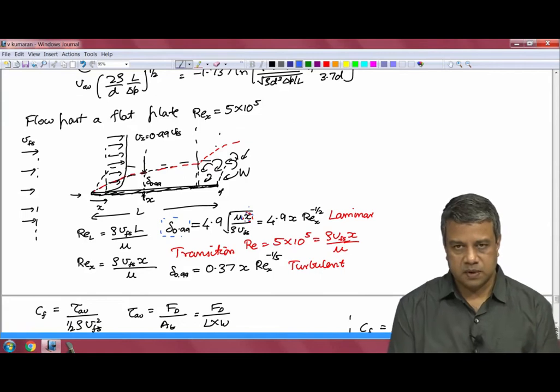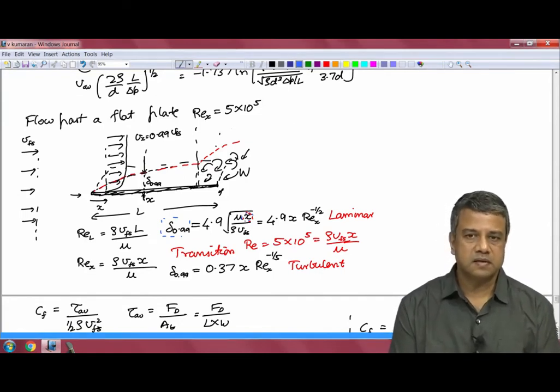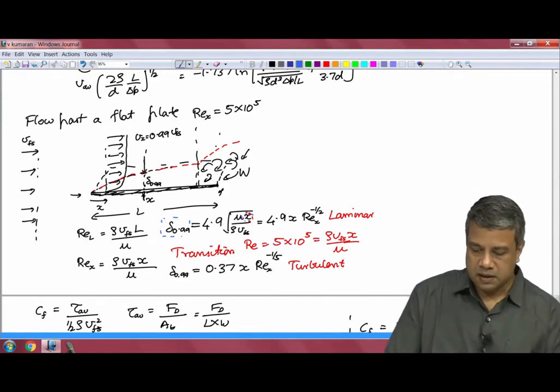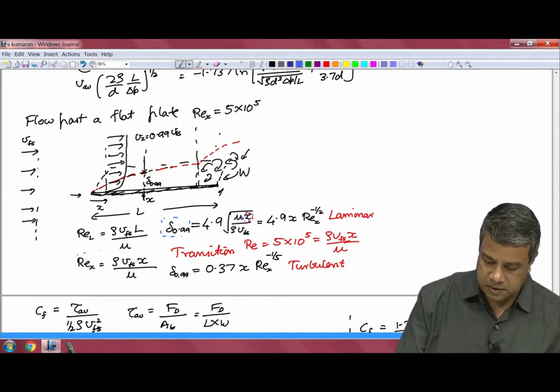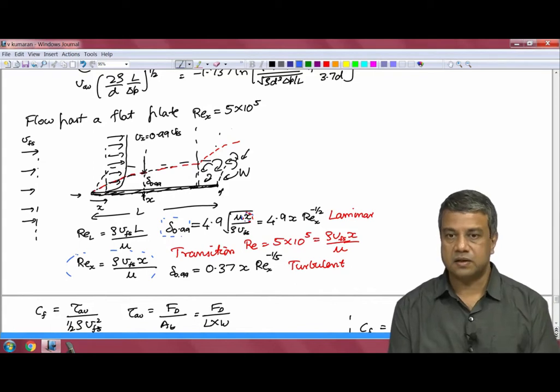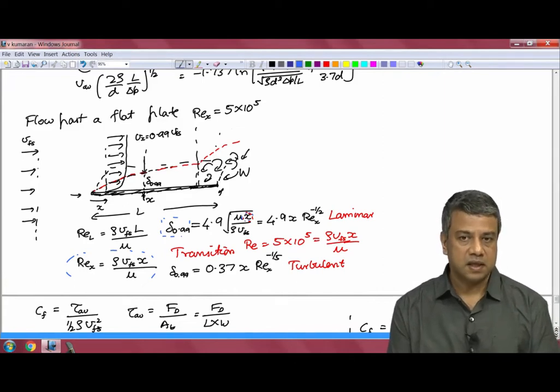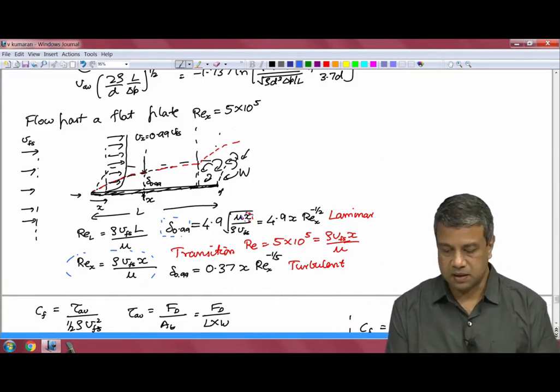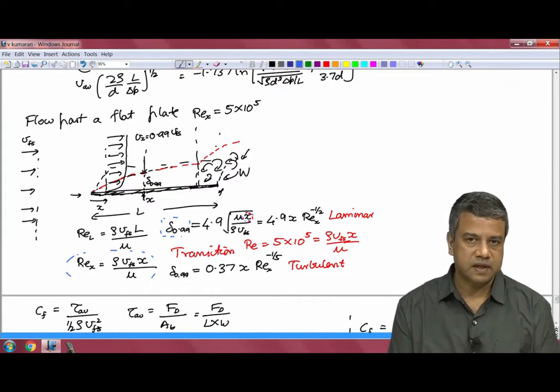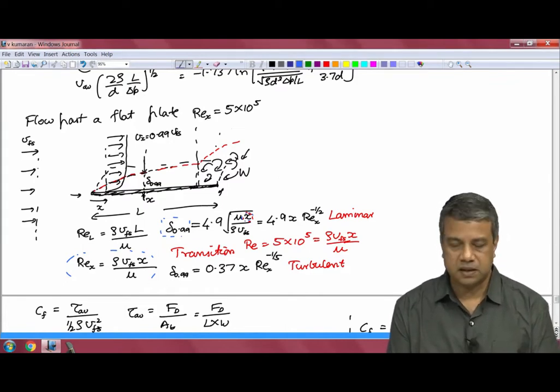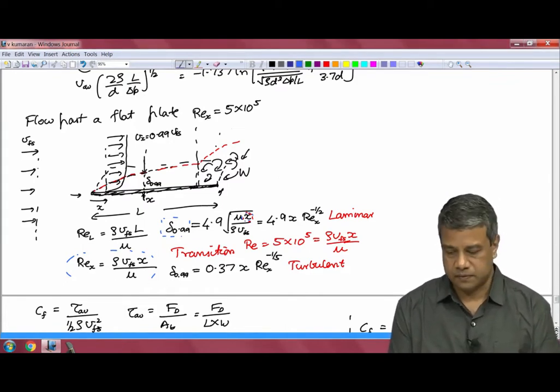The Reynolds number is based upon the distance from the upstream edge of the plate, x, not the total length of the plate. When the Reynolds number based upon the distance from the upstream edge exceeds a critical value, in this case 5 times 10 to the power 5, there is a transition to a turbulent flow.